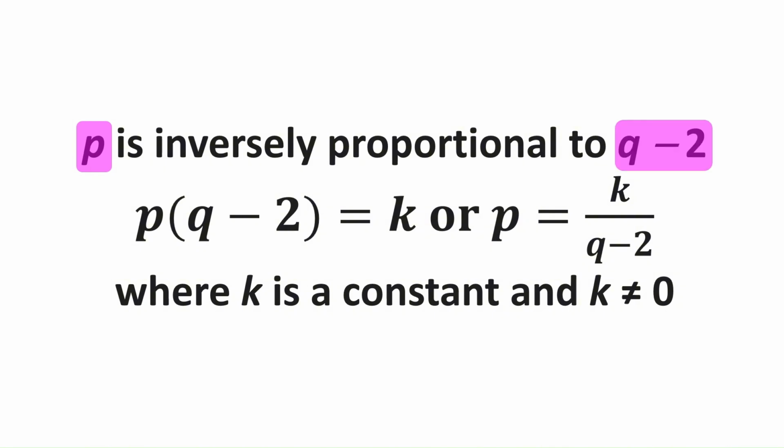For this example, where p is inversely proportional to q minus 2, we can rewrite this into a mathematical statement p times (q minus 2) equals k, or p equals k over (q minus 2), where k is a constant and k is not equal to 0.